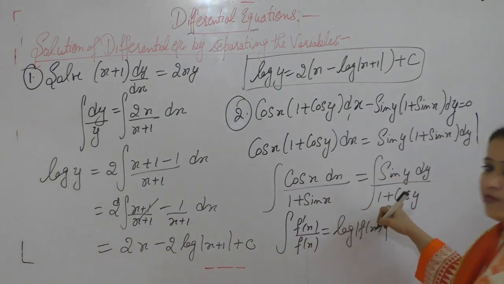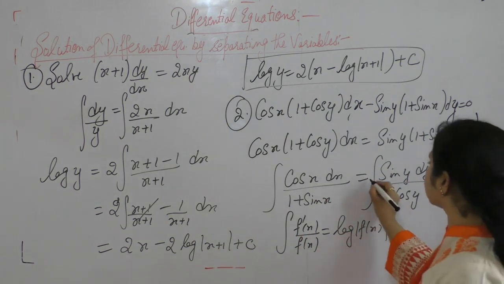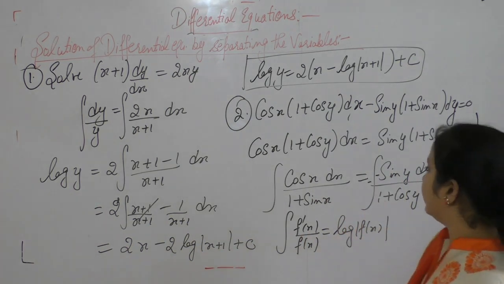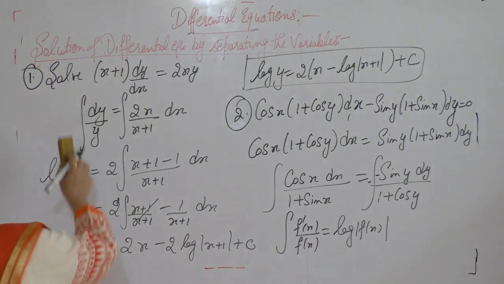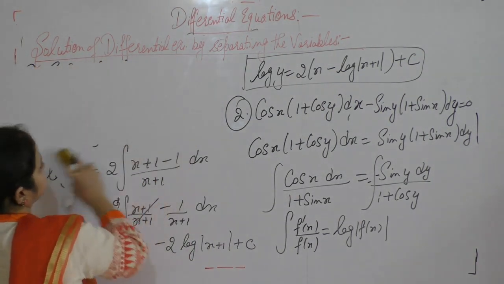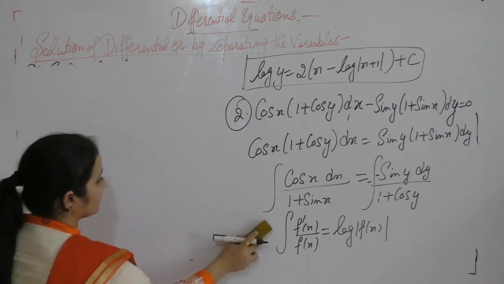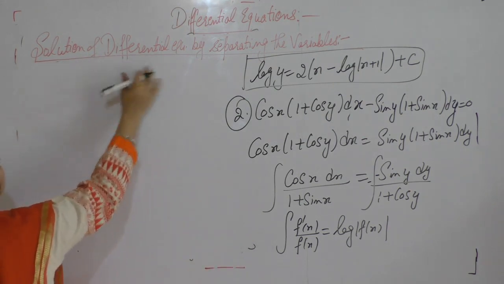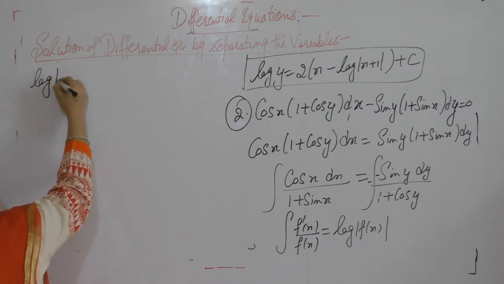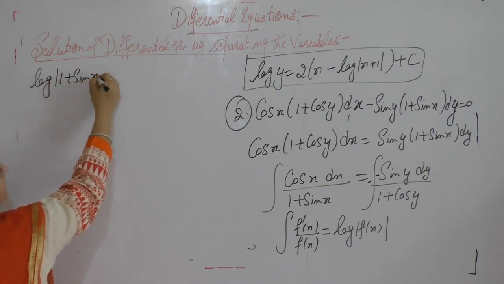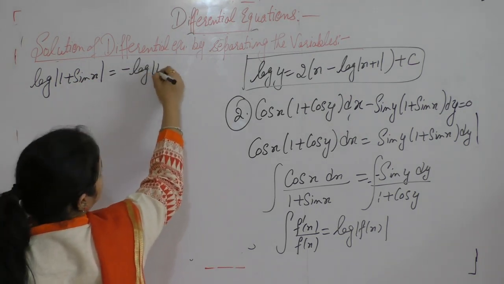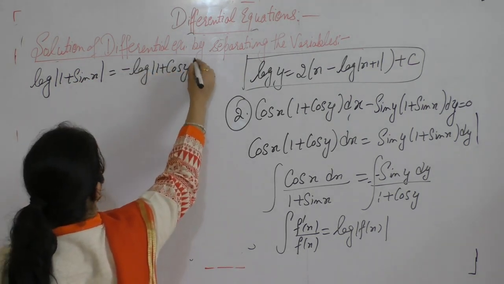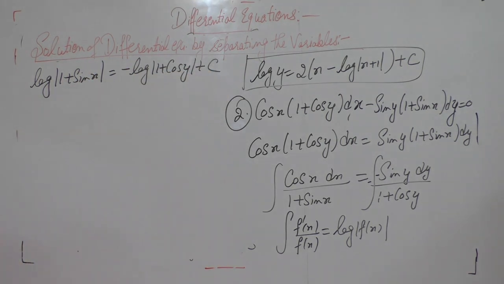Now derivative of 1 is 0, derivative of cos is minus sin, so we multiply and divide here by negative sin. Log (1 + sin x) is equals to minus log (1 + cos y) plus c.